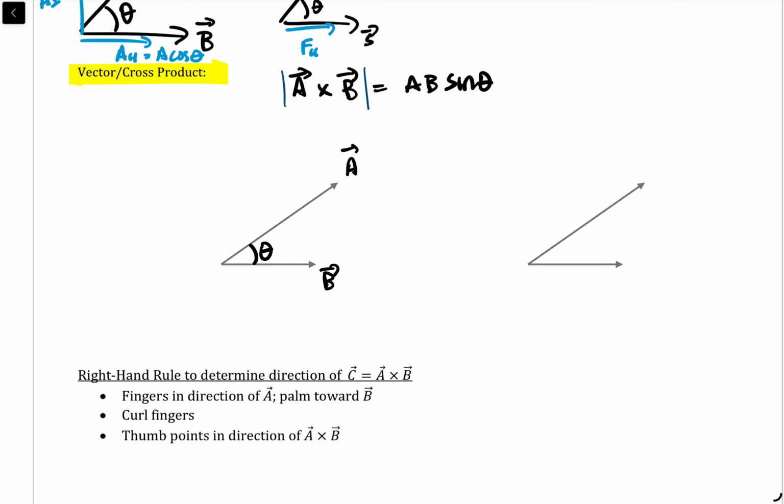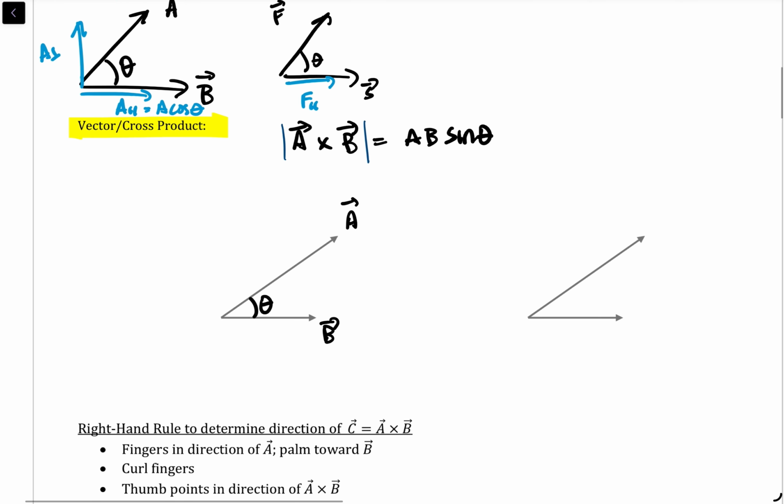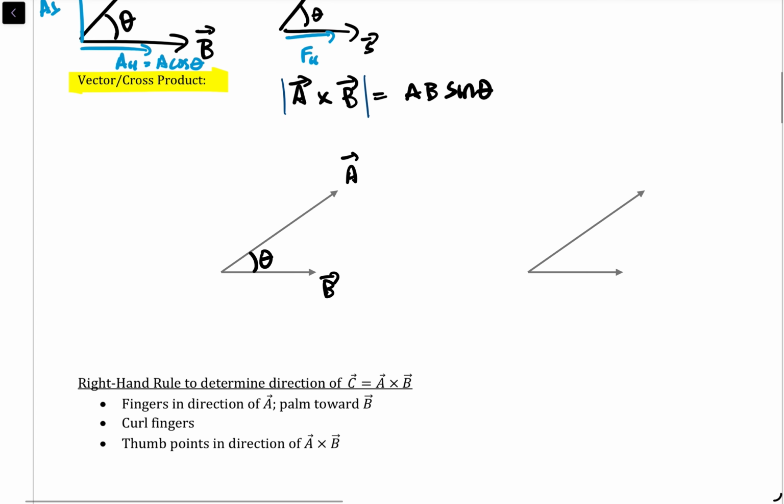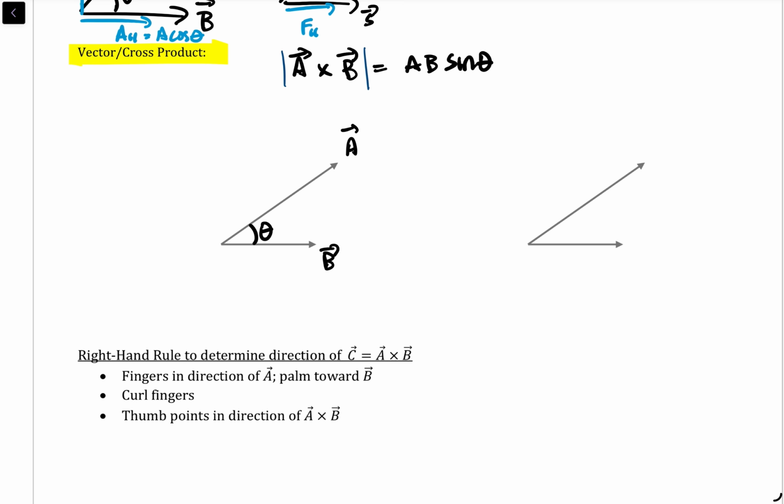So when we do this AB sine of theta, if we do kind of the same thing, I think about what we are actually trying to get at here. If I have vector A and vector B, I can make a perpendicular and a parallel component of A. I made that vector kind of long up there, so let me move my little B here. I've got my parallel component down here.